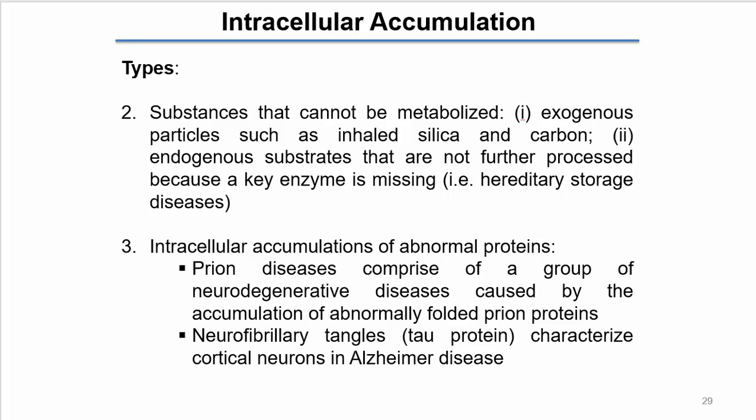There's another protein called the tau protein that is being identified in the cortical neurons of the brains of people with Alzheimer's. We're going to talk about Alzheimer's in the next pathology course, not in this one, but there's this accumulation of these tau proteins, called neurofibrillary tangles, this faulty accumulation.